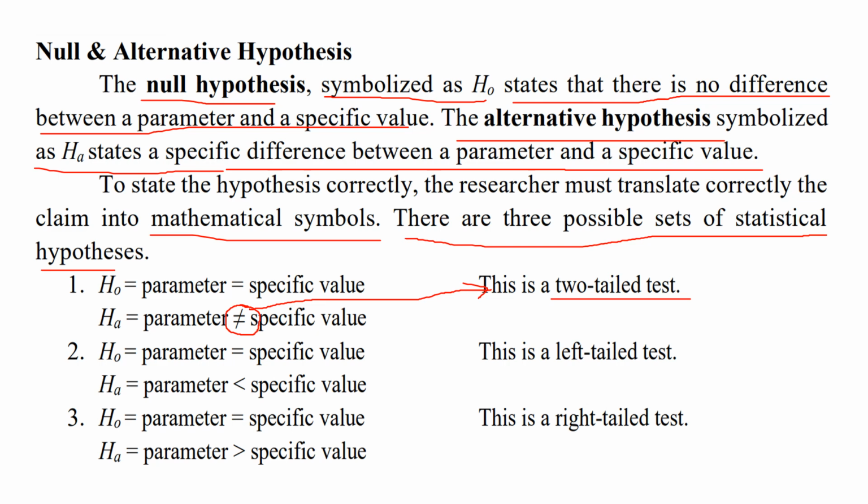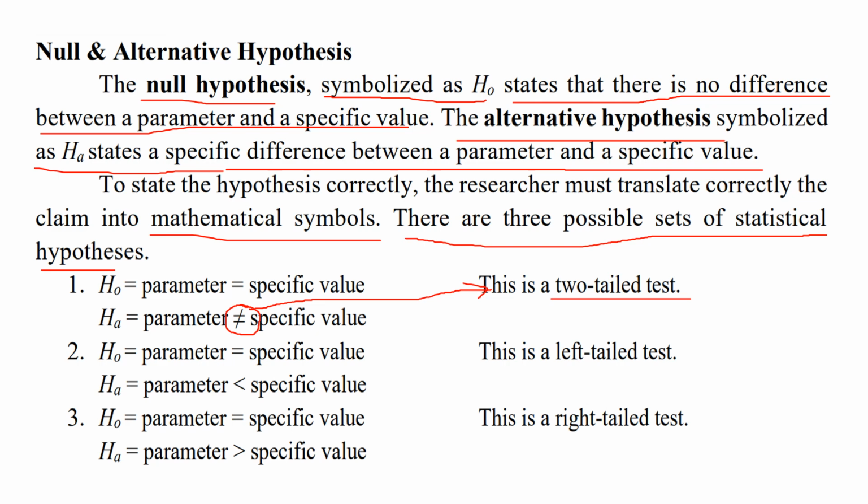If there is no keyword mentioned in your problem, such as less than, greater than, or more than, then we should assume that the parameter is not equal to the specific value. Why? Because your alternative hypothesis shows that there is a significant difference. If there is no keyword mentioned in your problem, then we assume that your parameter is not equal to a specific value.